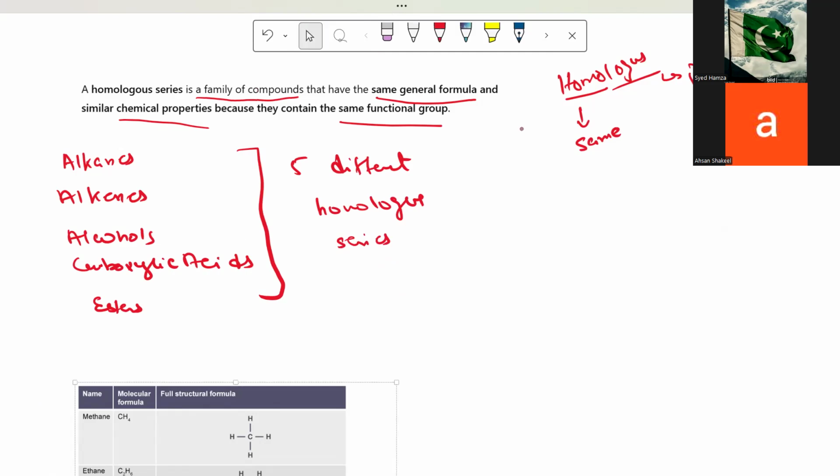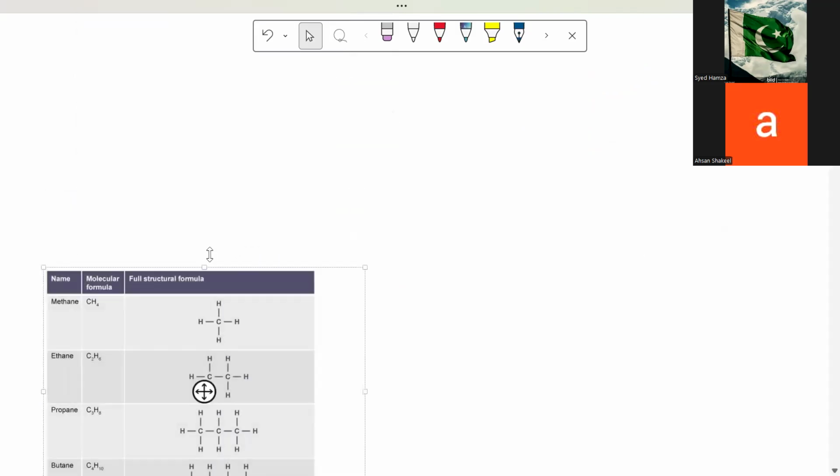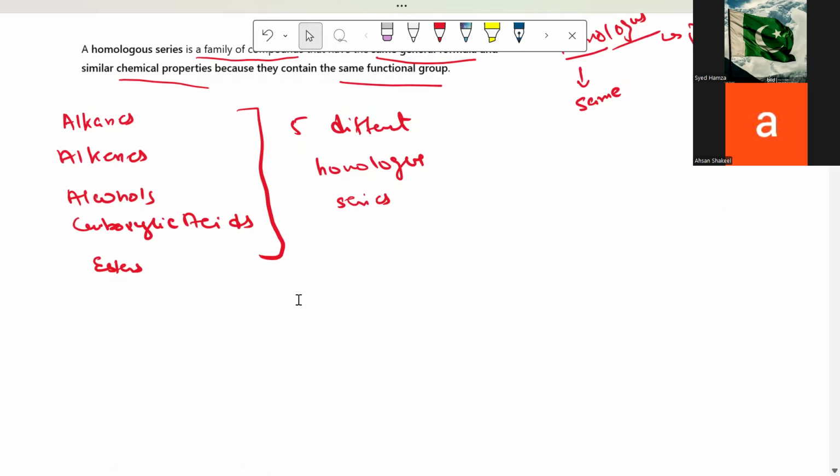Let me take this down a bit and make some space. Now, how is it different? Let's say I talk about alkanes, for example. You need to understand the idea of a homologous series. Alkanes have this structure.